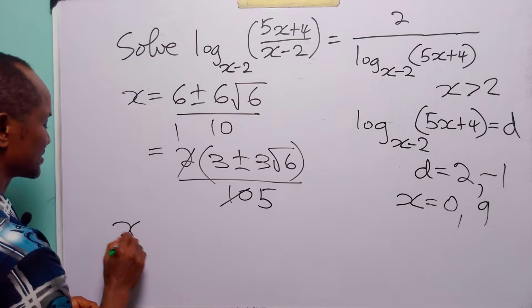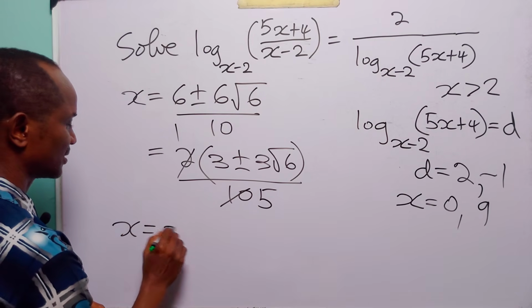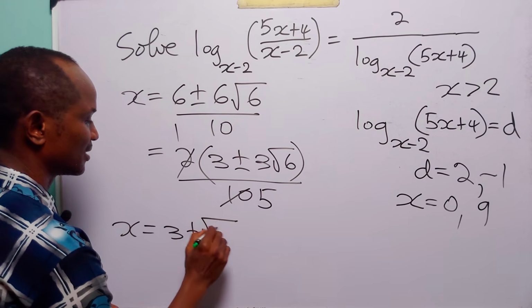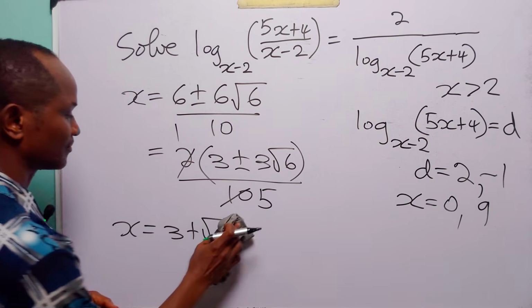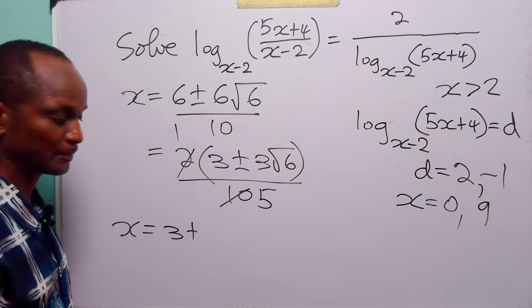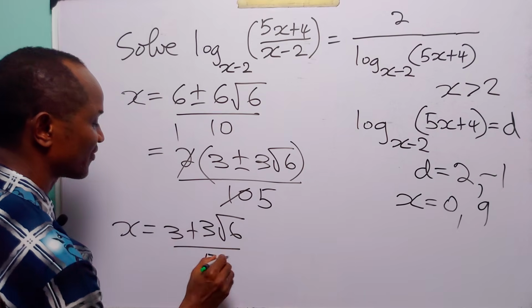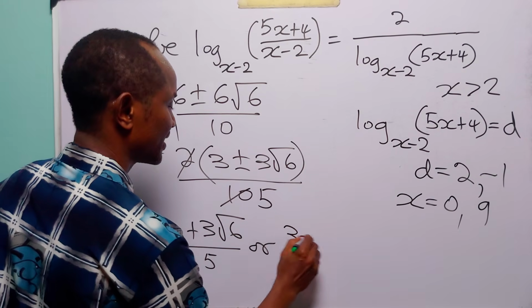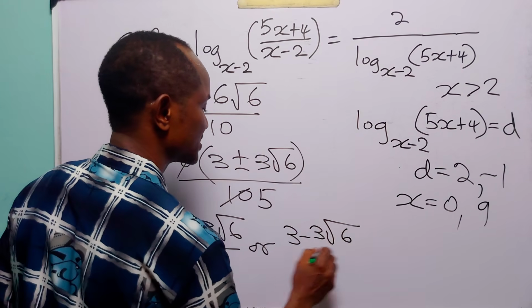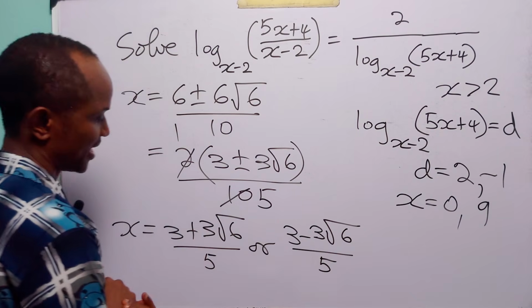So we have that x is equal to 3 plus 3 root 6 over 5, or 3 minus 3 root 6 over 5.